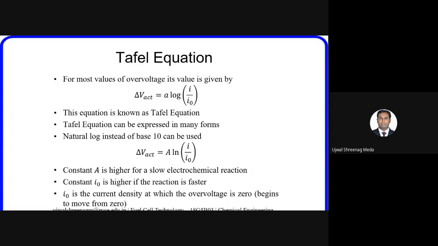According to the Tafel equation, the activation losses depend on two parameters: the exchange current density, I naught, and another constant, A. These are the two parameters which play a major role in activation losses.